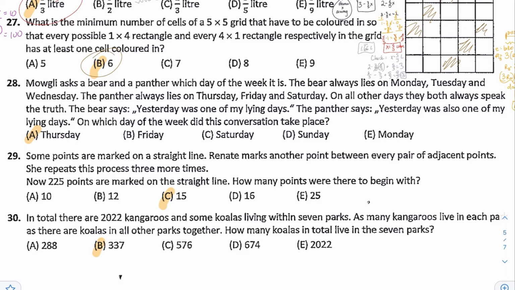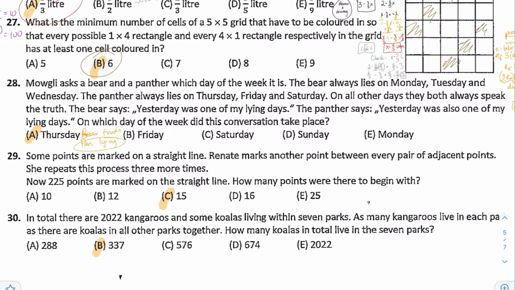So here you can go through all the choices. Go through choice A. So if it's Thursday, this means that this is the panther's lying day, and the bear is telling the truth. So the bear is saying yesterday was one of my lying days, and that's the truth. So if today's Thursday, yesterday was Wednesday, and Wednesday is the bear's lying day because the bear lies on Wednesday.